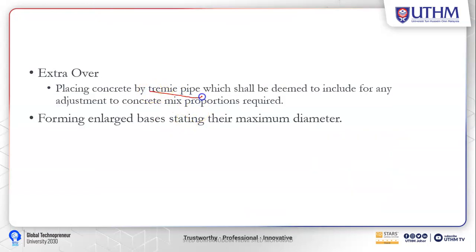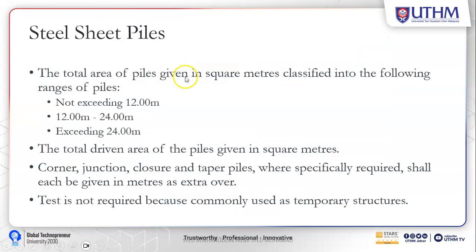Okay, please make sure we know all of this construction technology. Then the next type of pile is the steel sheet pile.